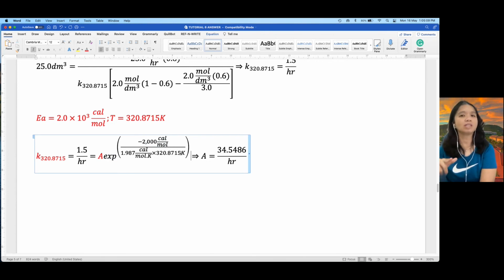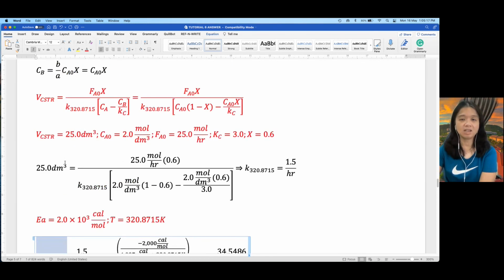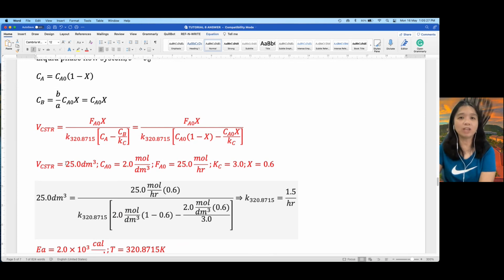So from this question, I know that they want us to find A, but I have one problem because I do not know the value of K yet. So meaning to say, in order for me to solve to get my A, I have to solve first the value of K. So now the problem is we don't know the value of K.